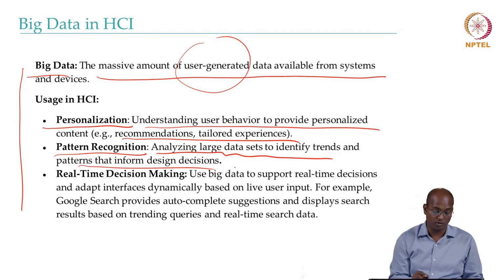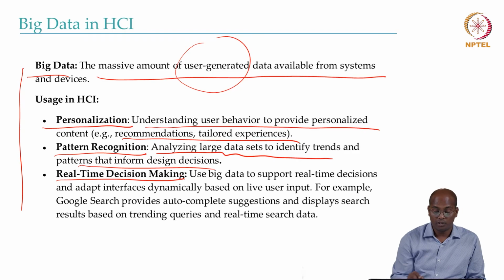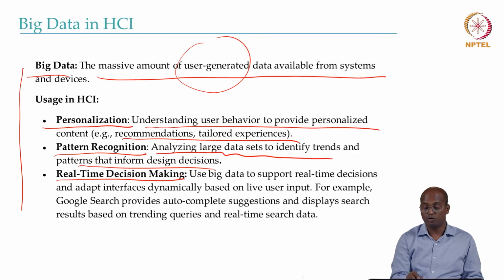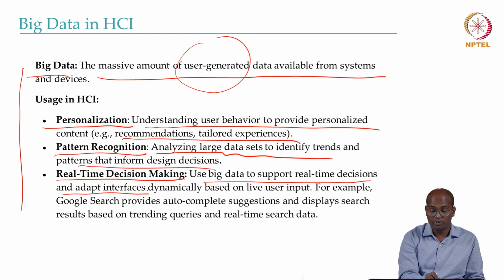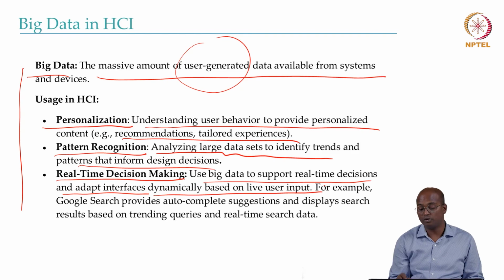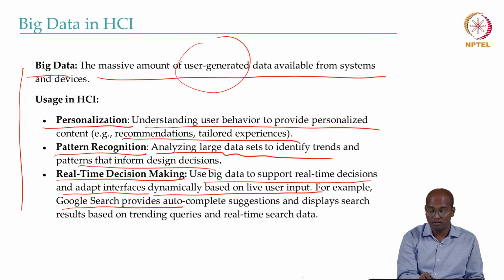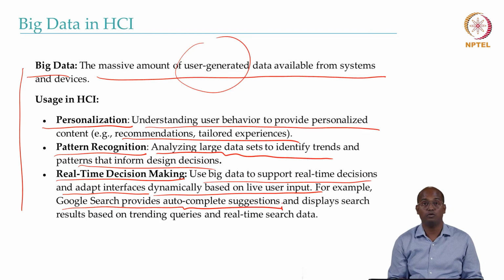Real-time decision making: use big data to support real-time decisions and adapt interfaces dynamically based on live user input. For example, Google search provides autocomplete suggestions, as you might have seen in real life. Do you know where that comes from?